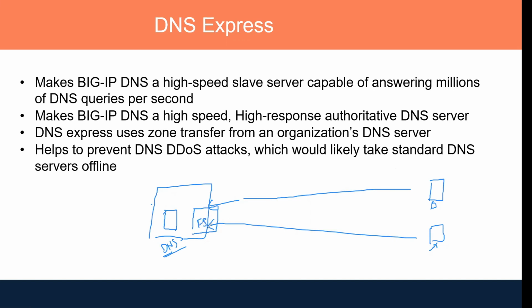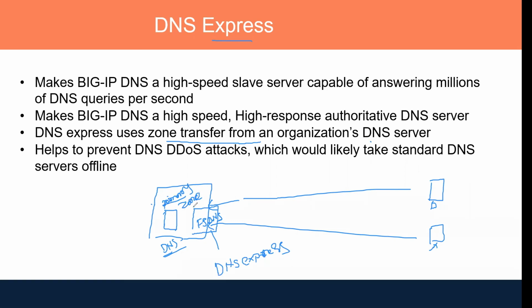As I told you earlier, this is F5 DNS, and in this F5 DNS we can configure the feature known as DNS Express. What does DNS Express do? Basically it does the zone transfer. The primary zone file would exist over here.